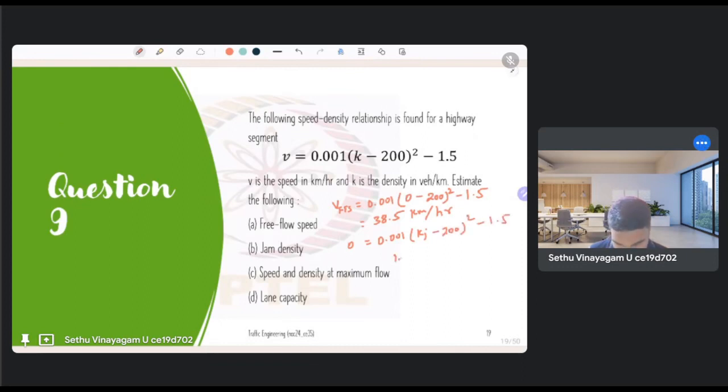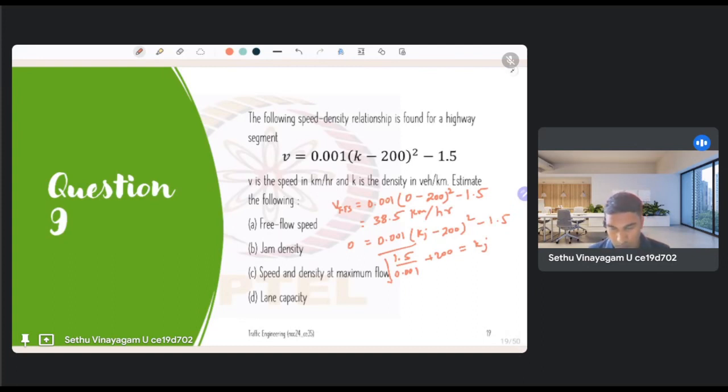Okay, so 1.5 by 0.001, square root of this plus 200 is equal to Kj. Okay, so we can solve this.